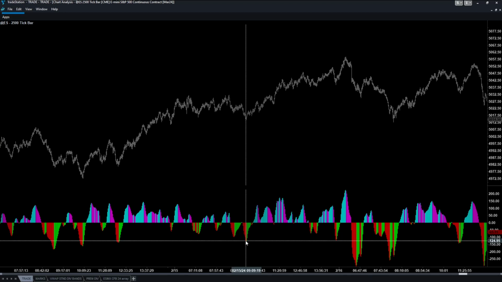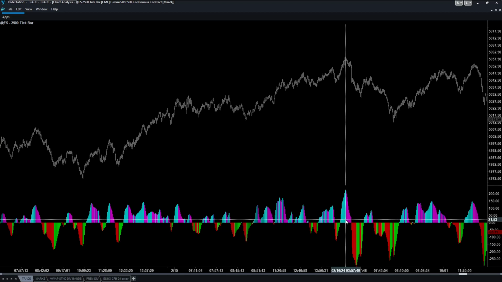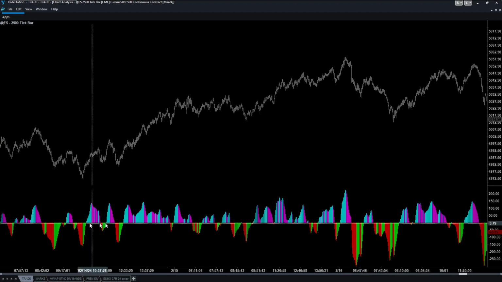For example, right in here at that high, that was the high of the day, and it was right up there. There was no divergence here. So it's not always going to give you what you want in terms of divergence. But the 0 line is important.